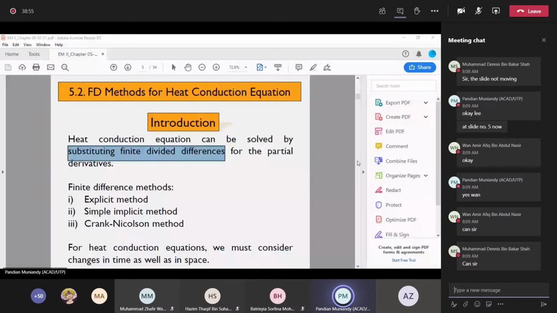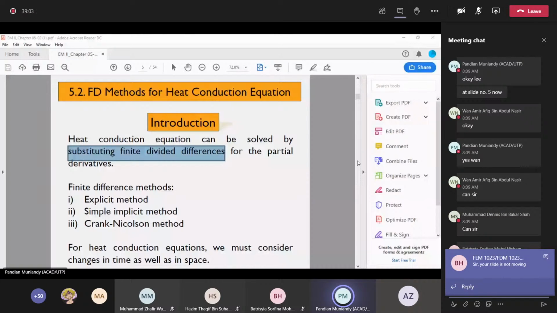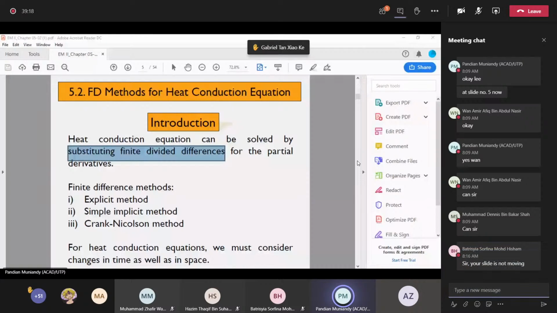The symbols we will explain later. The right-hand side is T superscript l, subscript i plus 1, minus 2T superscript l subscript i, plus T superscript l subscript i minus 1, the whole thing divided by del x squared. The del x is what you called step size for the distance last time, but we call it the difference for the distance, del x.